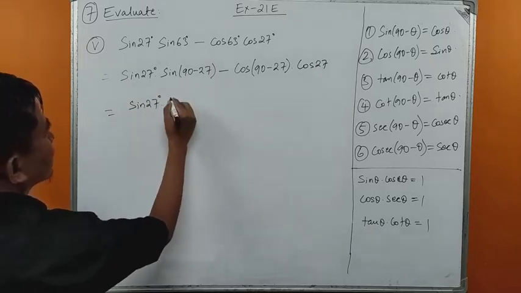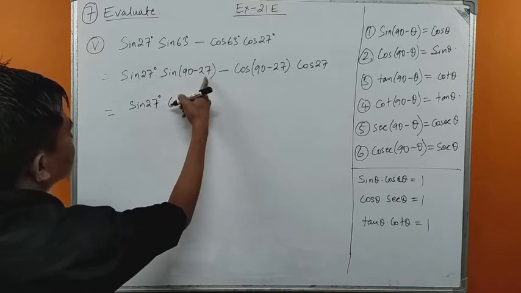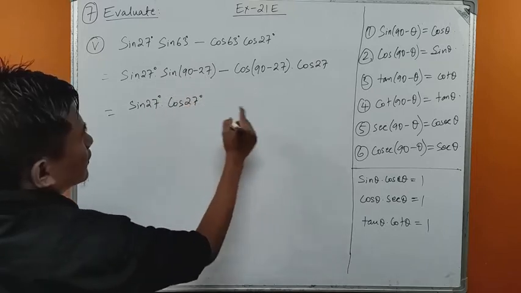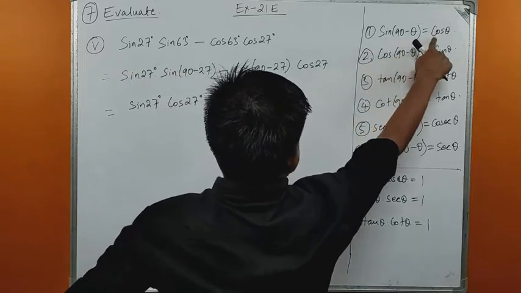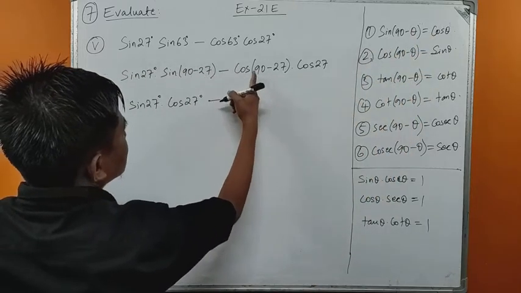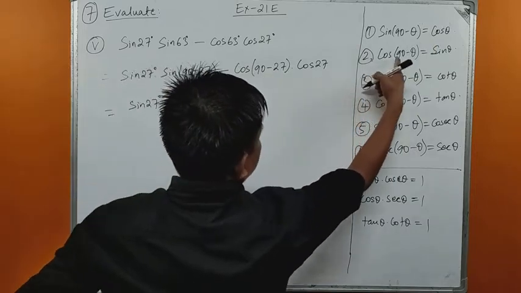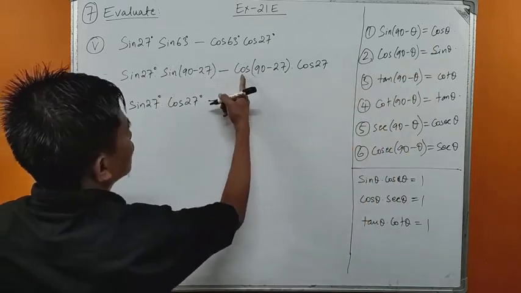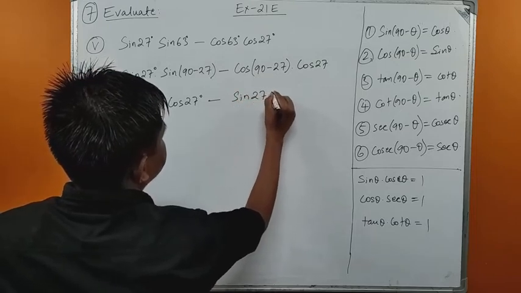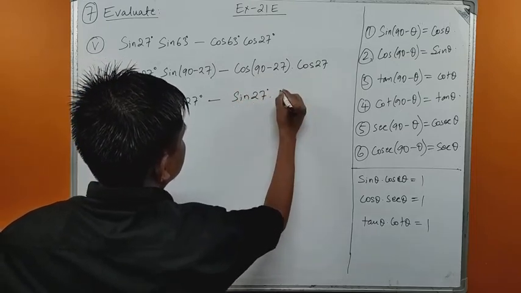Sine 90 minus theta is cos theta, isn't it? Theta is 27 degree. So minus cos 90 minus theta is sin theta. Cos 90 minus theta is sin theta, isn't it? Theta is 27, into cos 27.